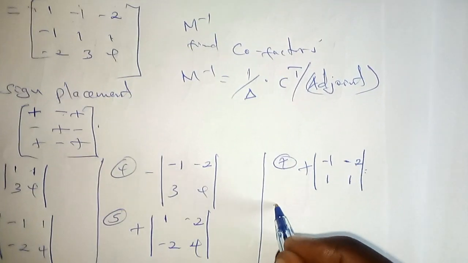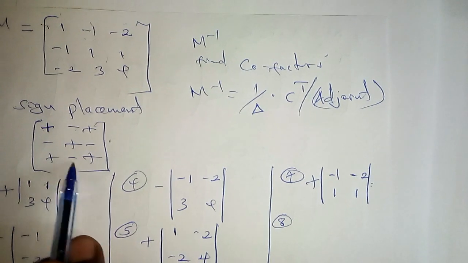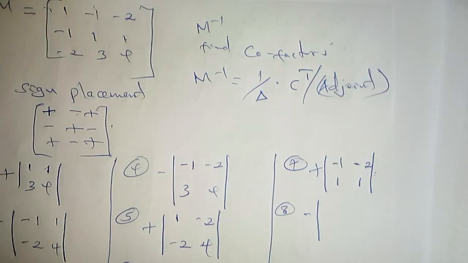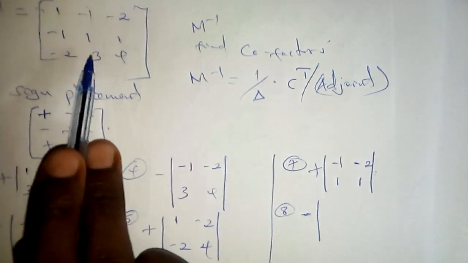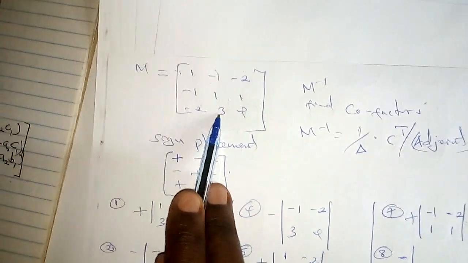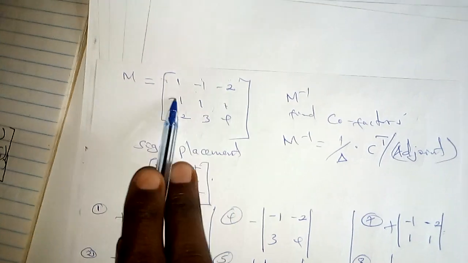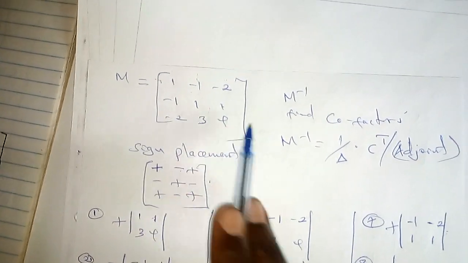Cofactor number 8, we have this sign negative. We block this column and this row.